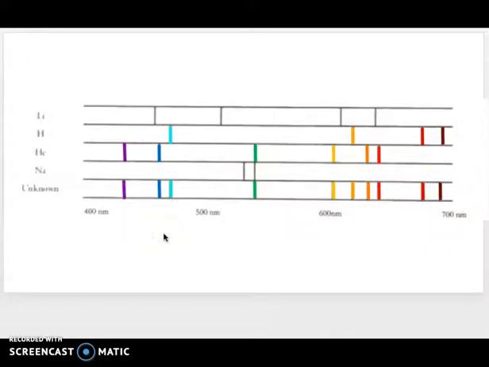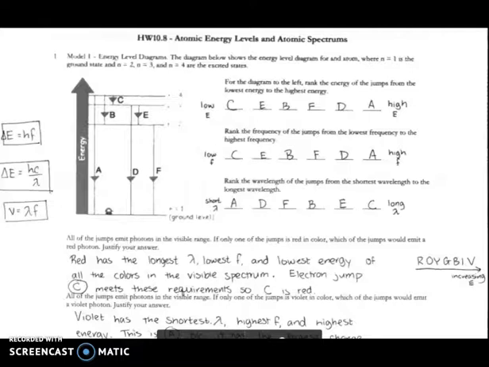So, in short, how to use Model 2 to determine which elements are in a mixture is pretty straightforward. See which bright lines, which colors in the spectra, line up with which elements are in the unknown mixture. Bringing it back to Model 1, every atom has its own energy levels.